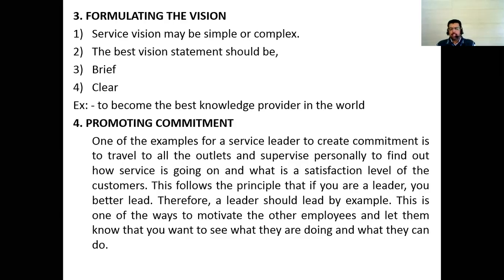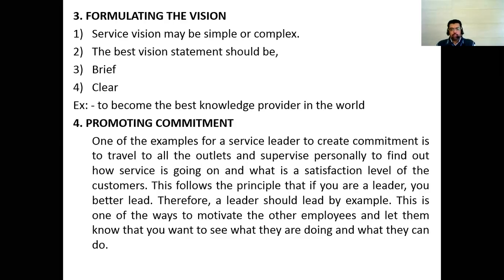Very important. At the end, we need to analyze the customer level, whether they are satisfied or not. A sales executive needs to roam from one outlet to another to supervise personally and find out how the service is going, and whether the customers are happy.